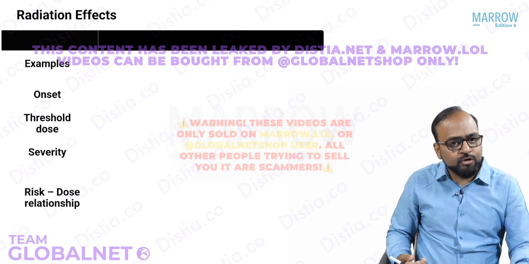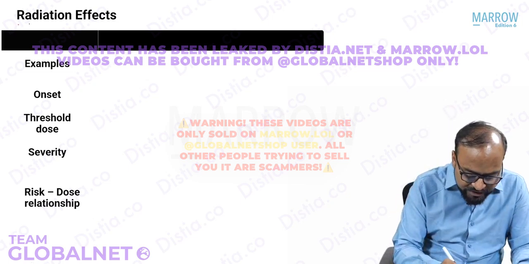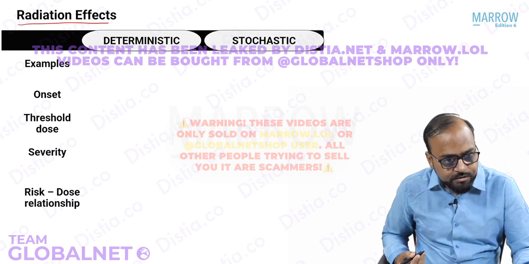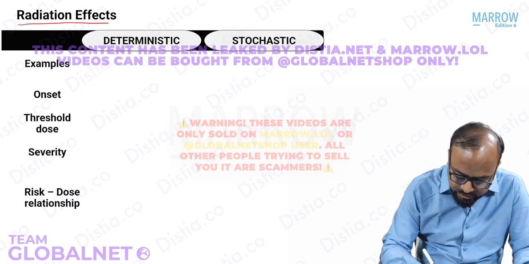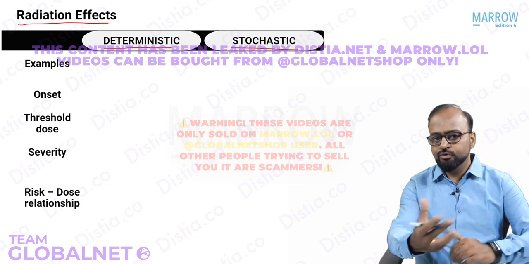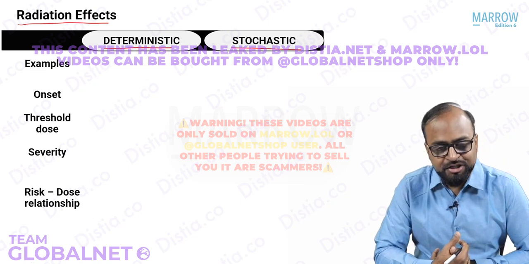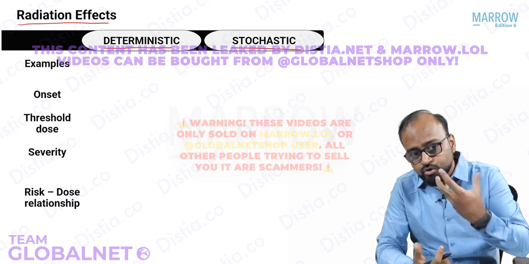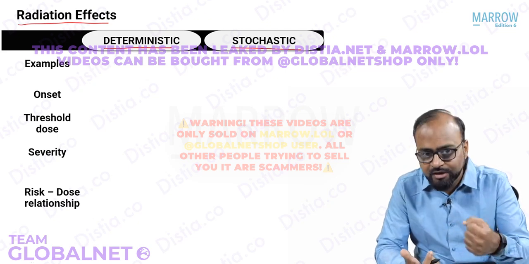Now, if we look at the overall effects of radiation on the body, it can be classified into two types. One is called deterministic and one is called stochastic. Now, I have introduced you to a mnemonic secret where I've said that the answer lies within the question itself, right? I've asked you to focus on words. Exposure gives us Roentgen, right?